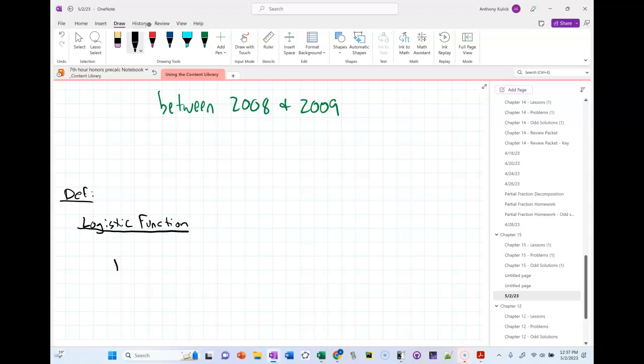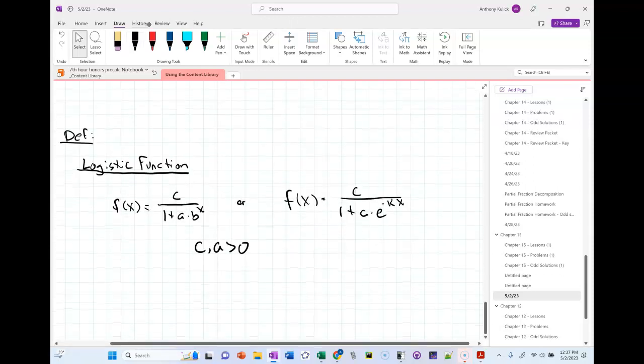So a logistic function is of the form f of x equals c over 1 plus a times b to the x, or f of x equals c over 1 plus a times e to the negative kx. So in both of these cases, a and c are required to be positive values.